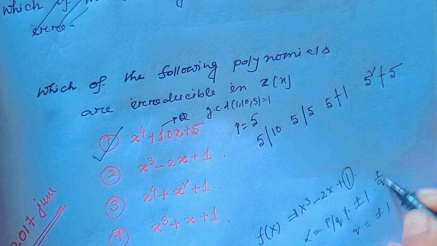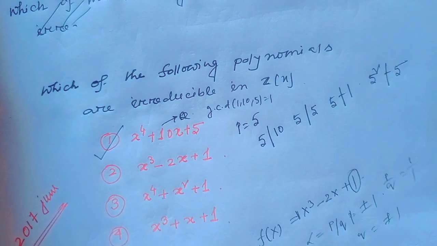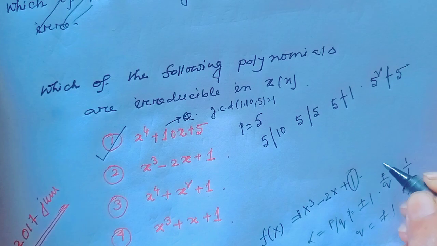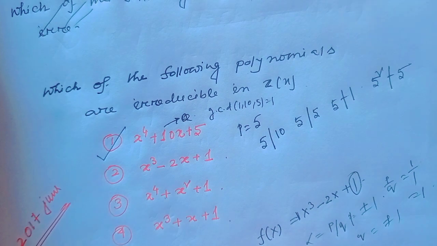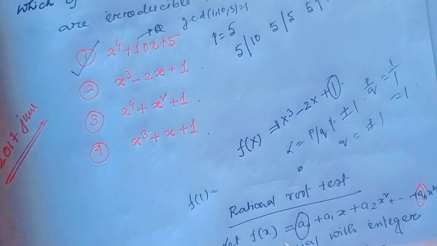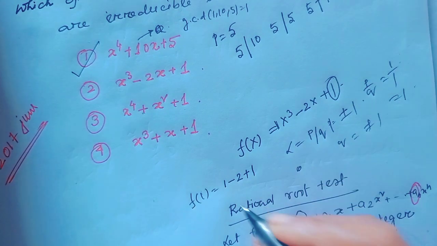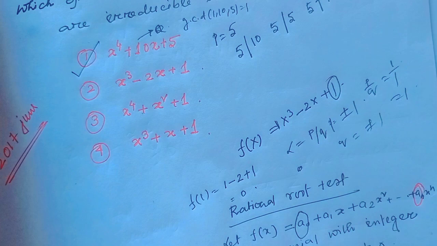Therefore, p/q = 1/1 = 1. At first check at this point, f(1) equals 1 minus 2 plus 1, which is equal to 0.